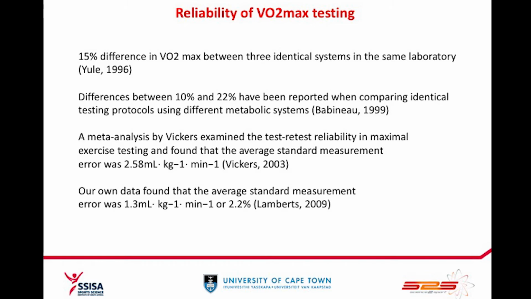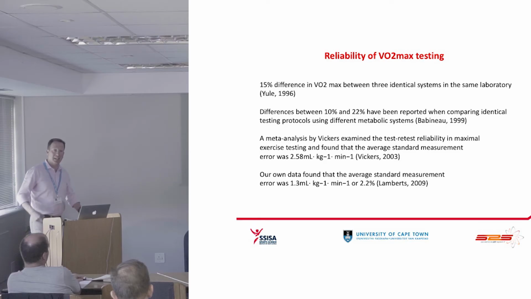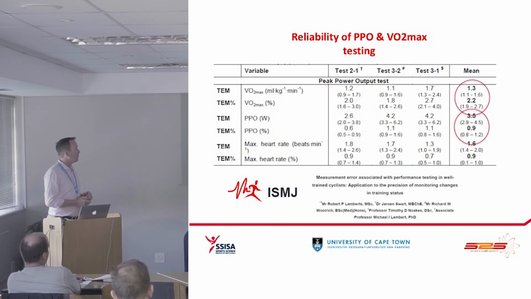We did a study in 2009, Rob Lamberts, myself, and Richard Woolridge, and we took 40 athletes, we brought them back week after week after week, and we controlled everything. We controlled their training load, so their training status didn't change. We even made them wear exactly the same kit, the same meal before the testing session, exact duration between the meal and the testing session, and we got a much higher reliability.